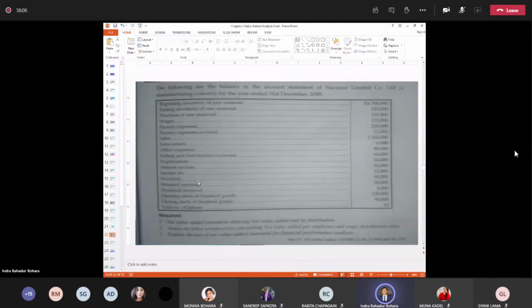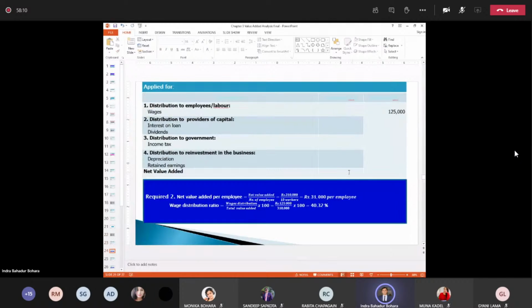And dividend paid is given as rupees 40,000. 10,000 and 40,000, total 50,000. Next is the third point, distribution to government.